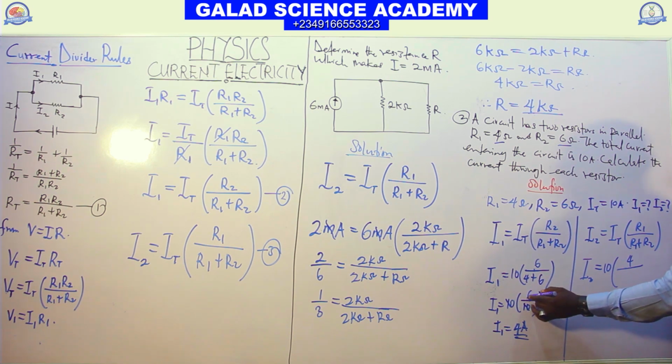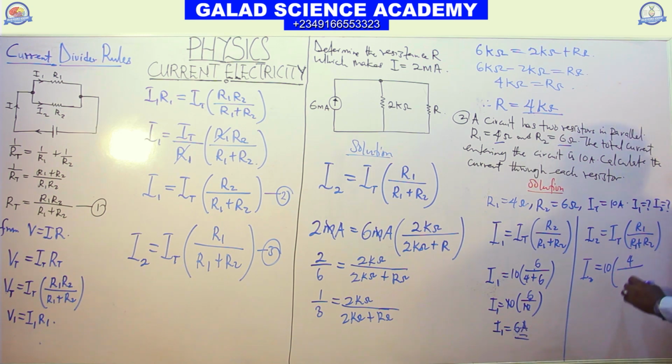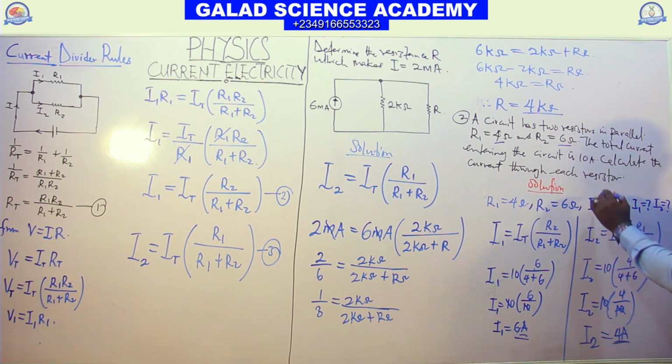So we have 4 plus 6, I2 will be 10 into 4 over 10. So we cancel. The current I2 will give us 4 ampere.